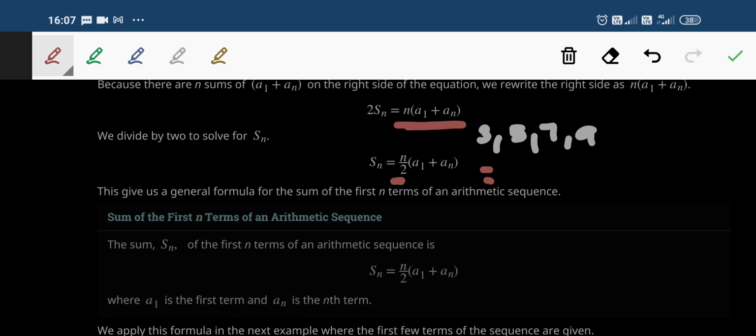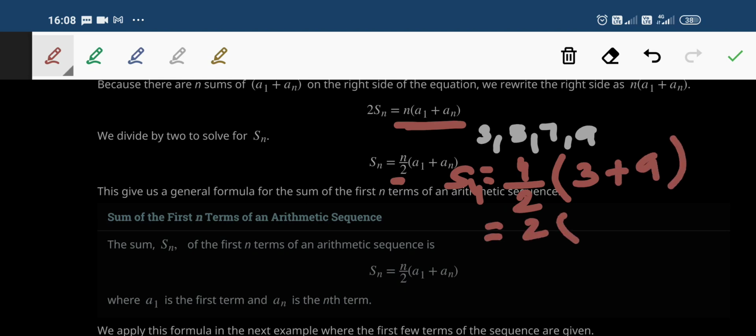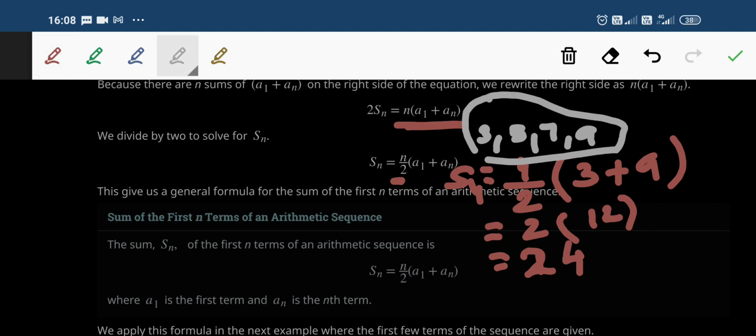So S4 is equal to 4 by 2, the first term is 3, and the last term is 9. 4 by 2 is 2, 3 plus 9 is 12, 2 into 12 is 24. Now let us add the terms and check. 9 plus 7 is 16, 16 plus 5 is 21, 21 plus 3 is 24. So our formula is verified.